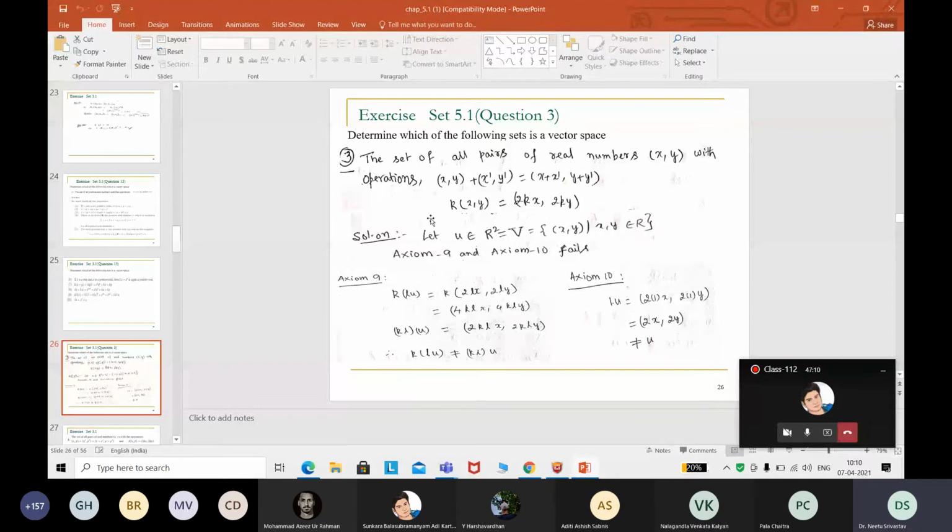So it is like 2k and 2k should be multiplied here. Got it? So once you multiply L, then 2L should be multiplied. Then you multiply K, then 2K should be multiplied.